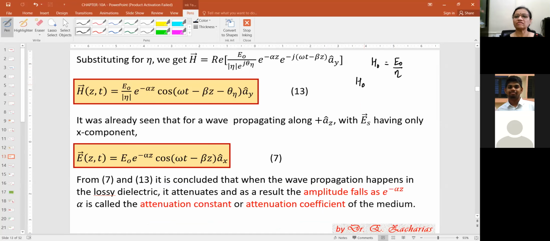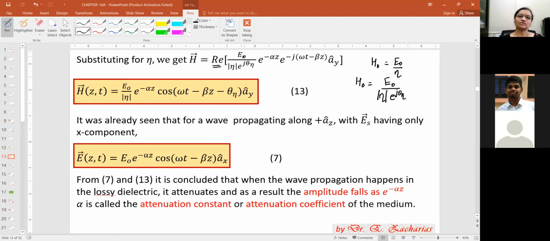Now we will write H naught equal to E naught divided by eta, where eta itself has two components: the magnitude and e to the power j theta eta. Put both of them there. After putting both of them, apply the real part.